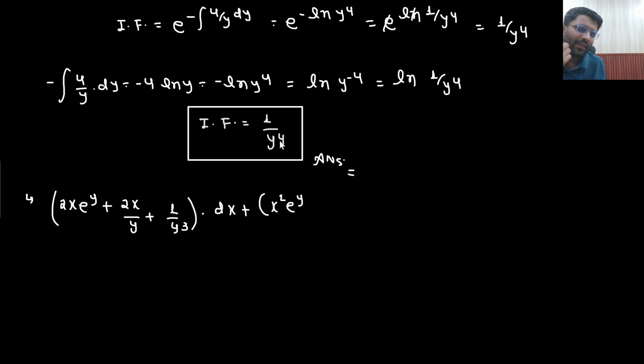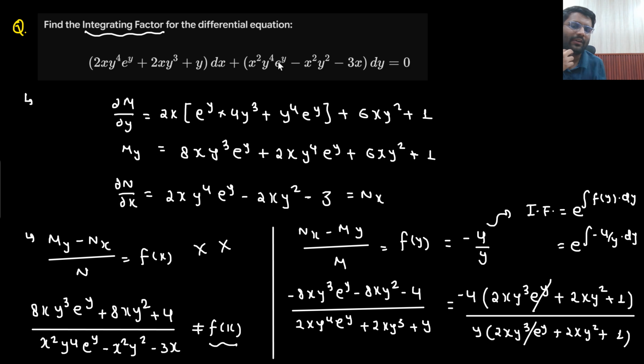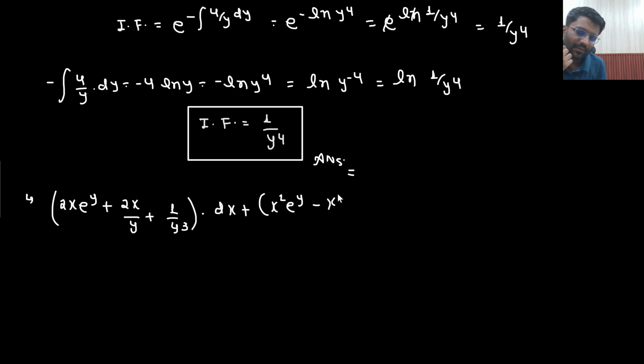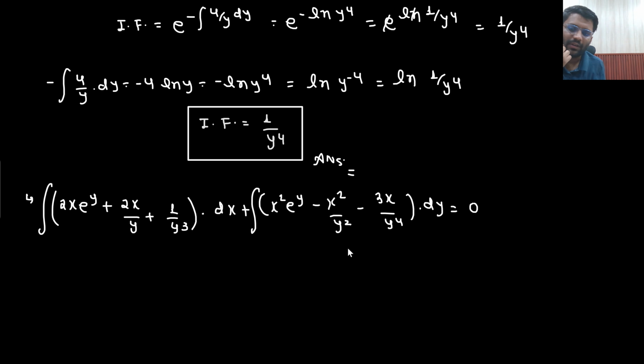I am just simply multiplying with 1 by y to the power 4, minus x square by y square minus 3x by y to the power 4 dy equals 0. Now you integrate and you integrate.